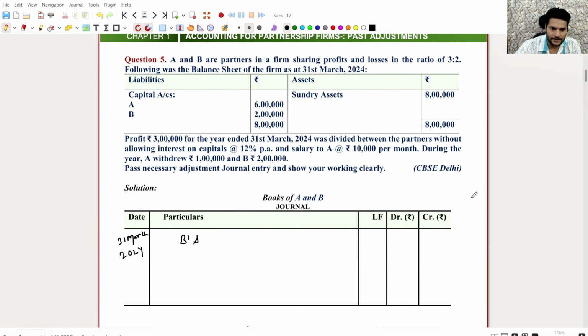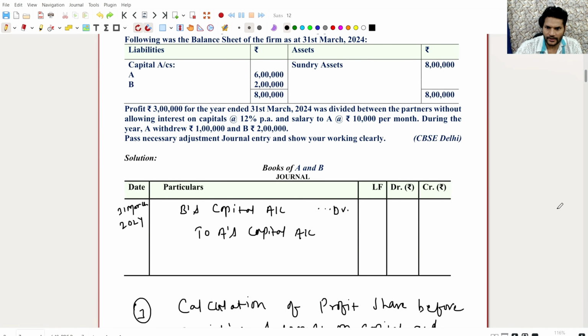So B's capital account, that will be debit to A's capital account. So what is the value? That is 52,800, and 52,800 will be credited.